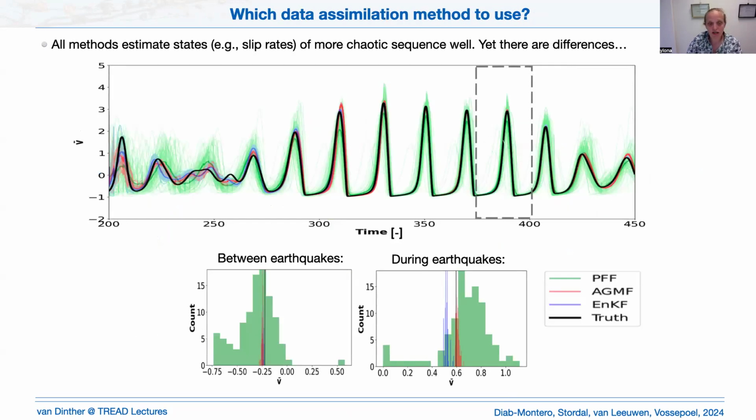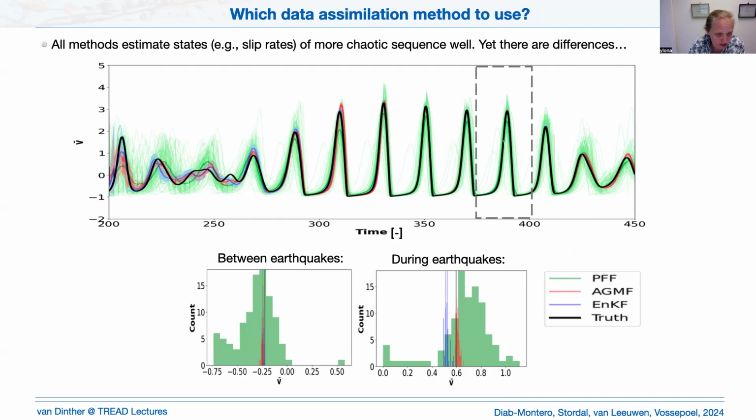If you look now at this series, that is much more aperiodic. You have smaller events, larger events. So it looks more realistic than what we would expect from earthquakes. You see that each of these models, particularly the blue and the red one, the Ensemble Kalman filter and the adaptive Gaussian mixture filter, still approximate the truth in black quite well.